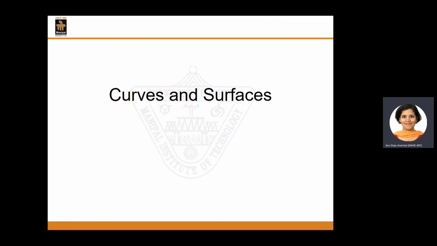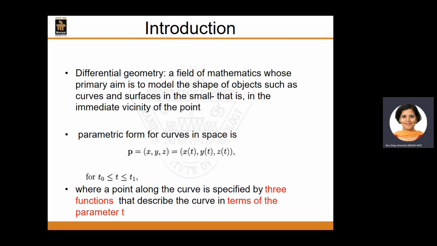Before that, we need to learn about certain properties of curves and surfaces, and after that we'll go to a method by which you can do edge segmentation or edge detection in range data images. So let us first see differential geometry.